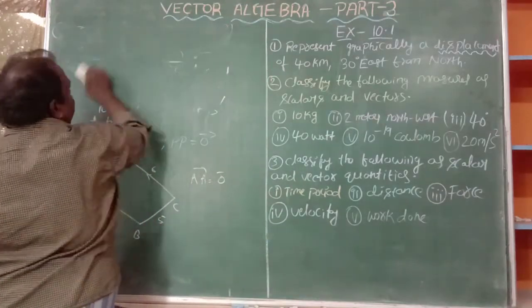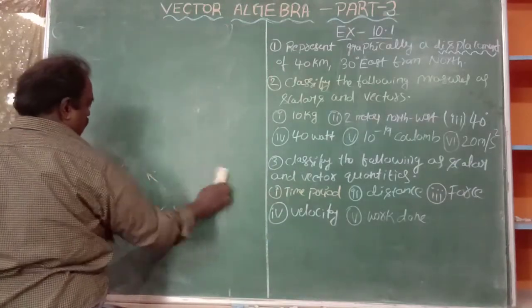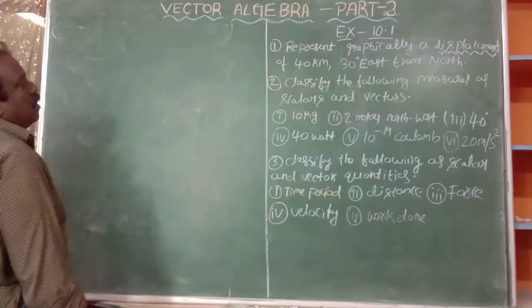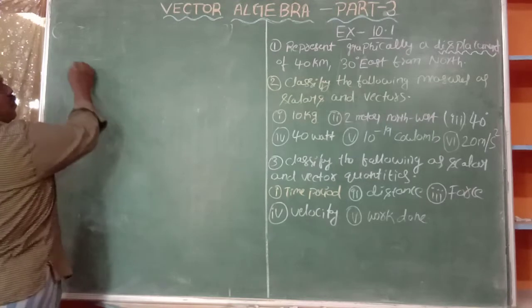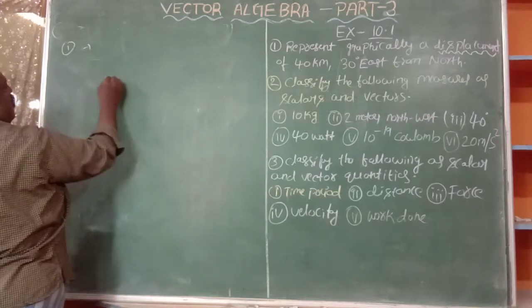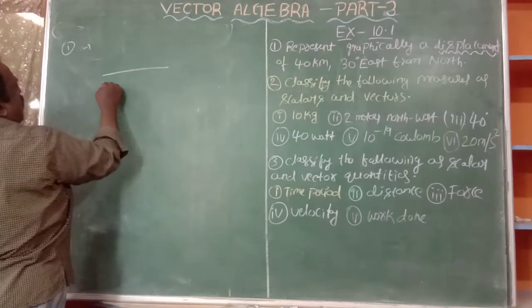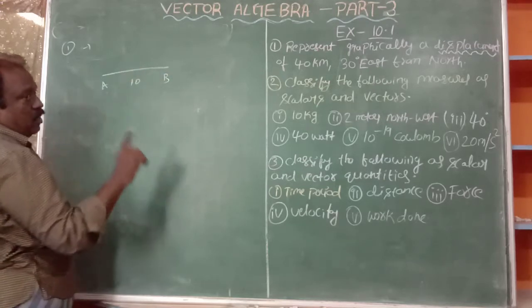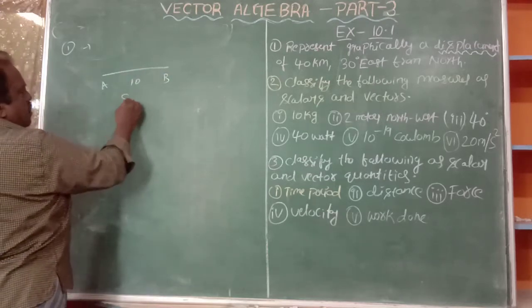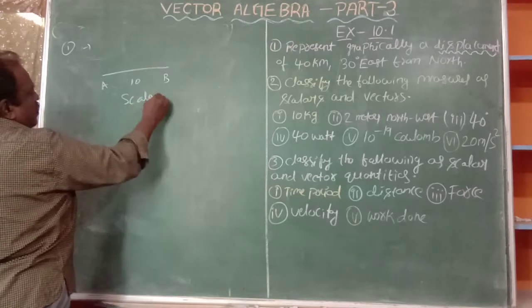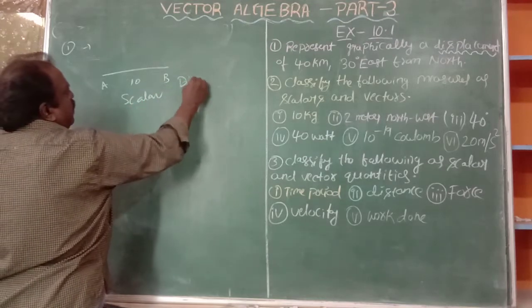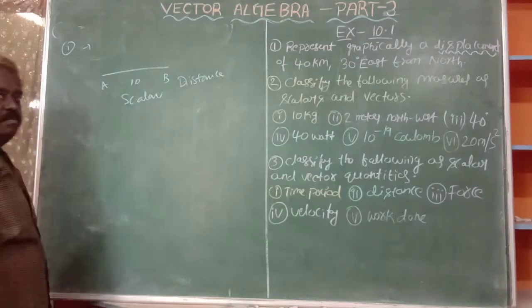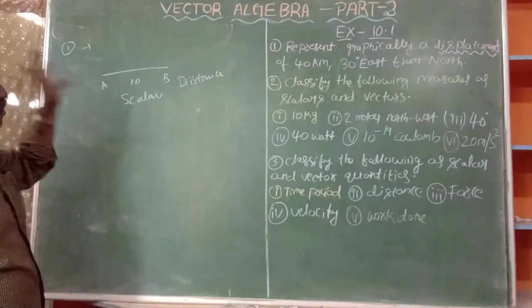Observe me. You see that? I want to tell. AB, distance 10 units. It is a scalar. This is a distance between A and B. Distance is a scalar.